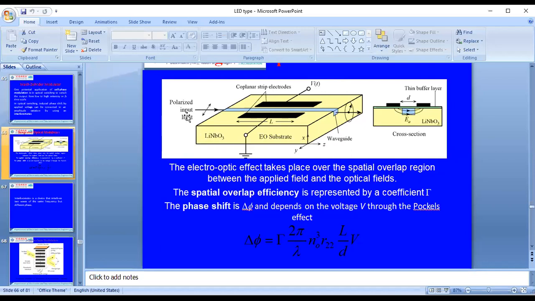Okay, once the radiation of light is incident through this waveguide, this spatial overlap efficiency is represented by the coefficient tau.